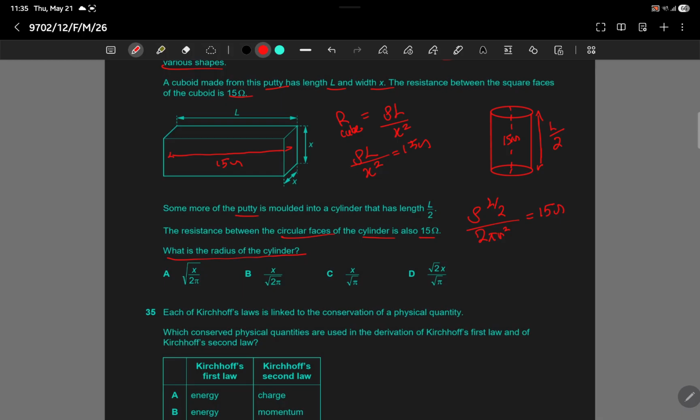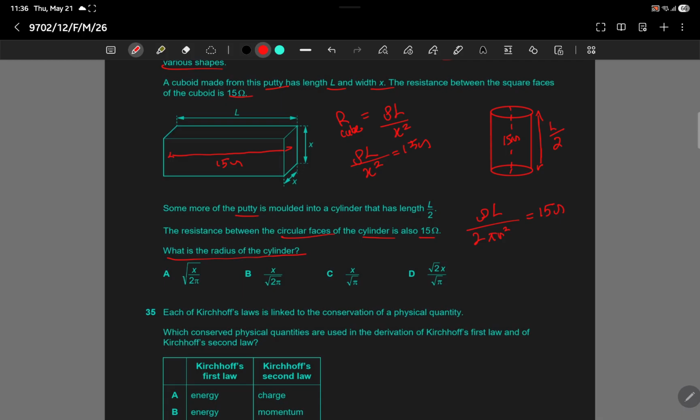Oh, this is not going to be 2 rho L by 2. Okay, so that it cancels out. Pi r square, and this multiplies down, so 2 pi r square.